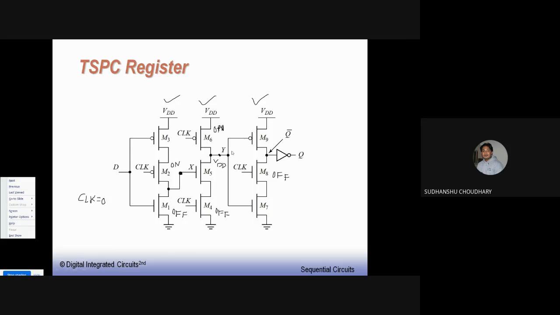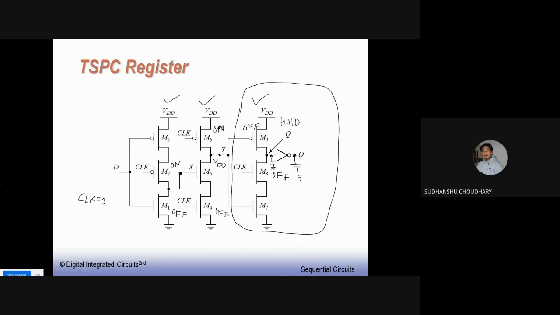Since it's a dynamic latch, whatever data is stored here, or at either of the two points, will remain here. Of course, this capacitor needs refreshing at regular intervals. So this entire pair is in hold state, and whatever data it was retaining earlier, it will retain the same data.